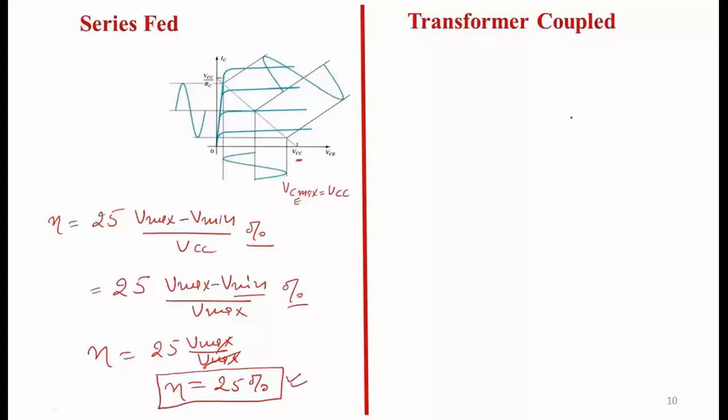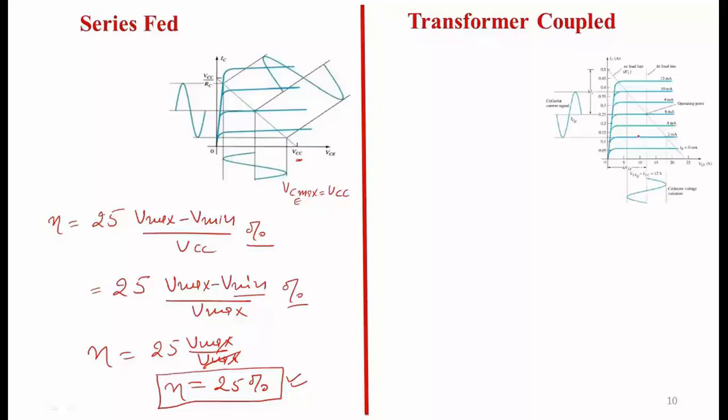So we can see that the conversion efficiency for the series fed class A amplifier is 25%, which is very less. Now for the transformer coupled amplifier, when we look at its characteristics, we can see that VCEQ is equal to VCC. If we have to find the Vm, Vm is equal to (Vmax minus V minimum) by 2, as we discussed earlier.